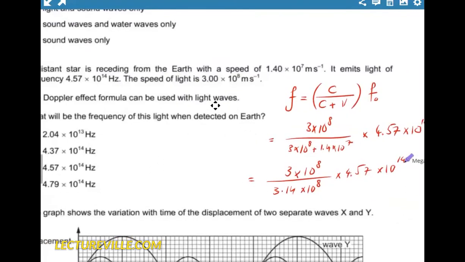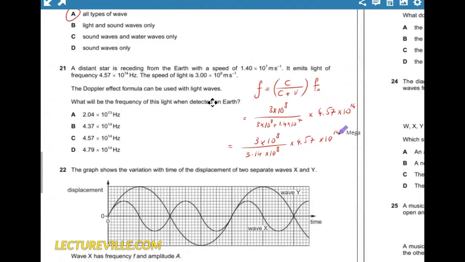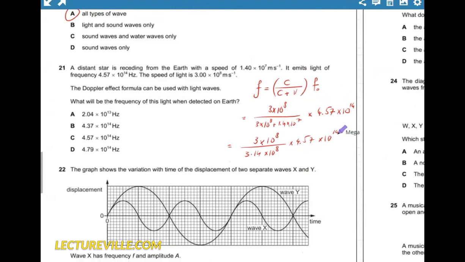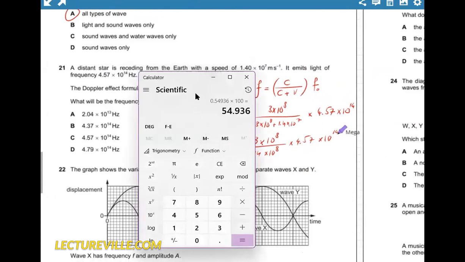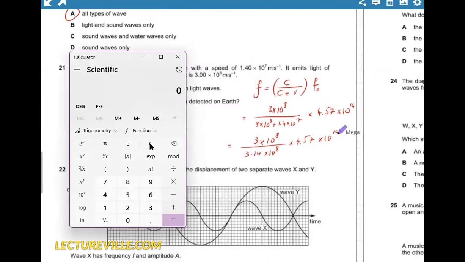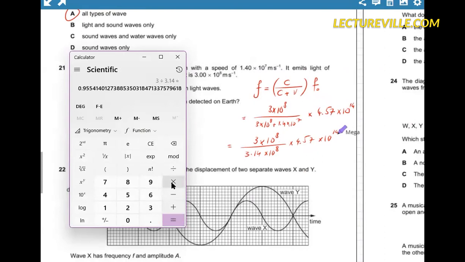Okay, sorry, that part was out of the screen. Now, bringing the calculator, the 10 to the power 8 and 10 to the power 8 cancel with one another. We have actually 3 divided by 3.14, multiplied by 4.57.